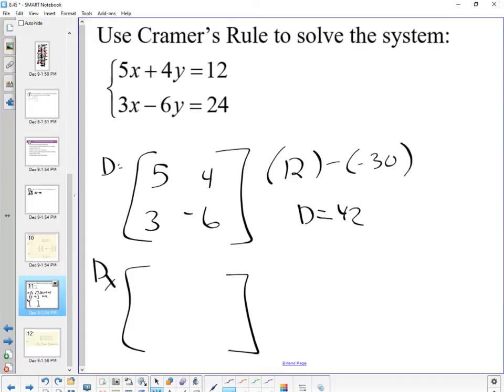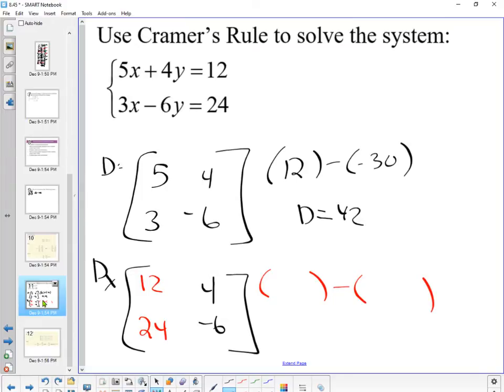The x's become my answers, so I'm going to put 12, 24 in that column, with 4, negative 6 next to it. So I've got 12 times negative 6. Wait, don't you have 4 times 24?